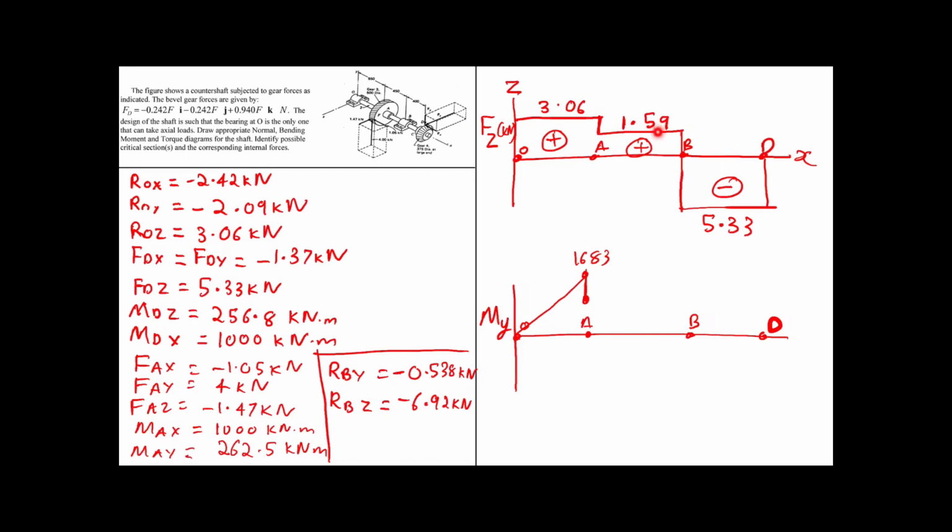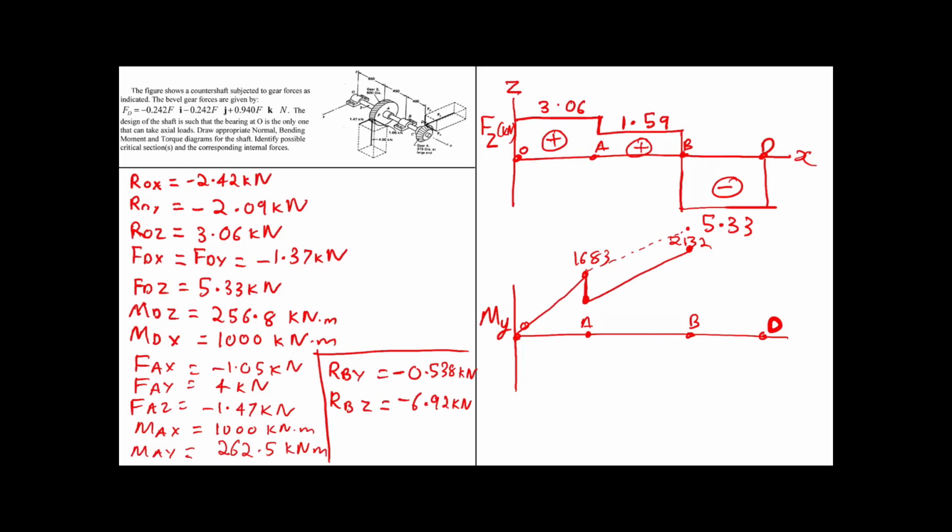Now let's calculate the value at point B. So that would be 1.59 times 450. So 1.59 times 450, that value should be added to this value and represented here because again it is a positive slope. So the value would be about 2132. The value would have been somewhere here if this was the point.